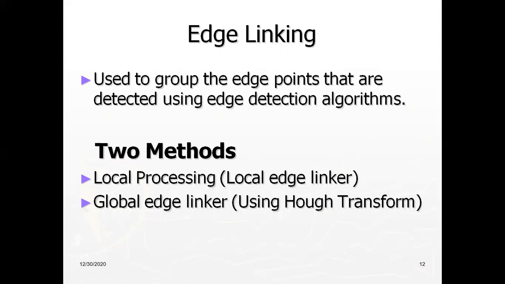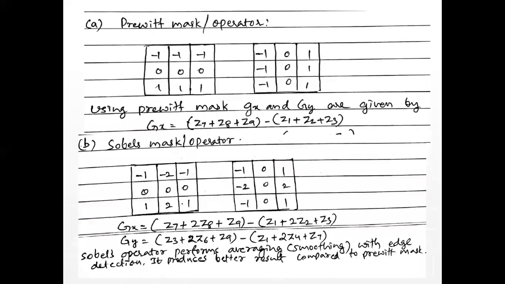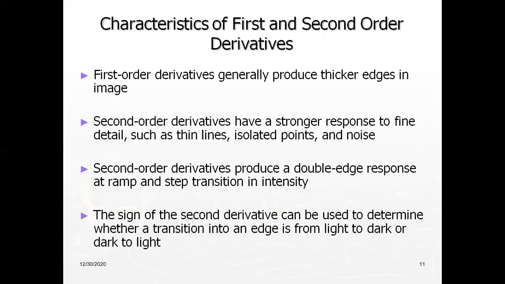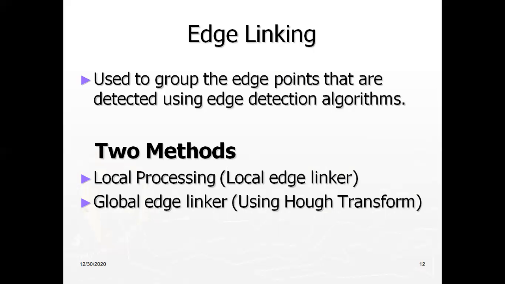We have the next topic, what is known as edge linking. So actually, when we apply edge detection algorithms, that is, when we apply gradient operators, that is Sobel's mask, or maybe the Roberts cross gradient operator, or even the Prewitt mask, we will be able to detect whether the pixel belongs to an edge or not.